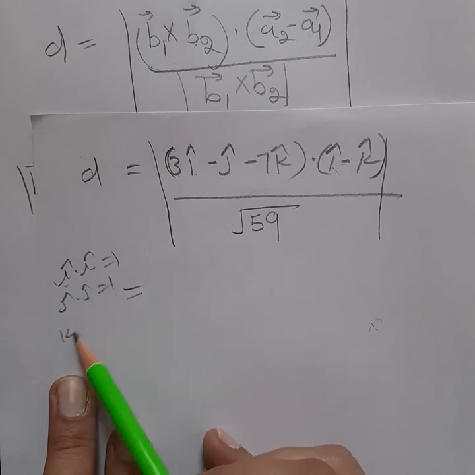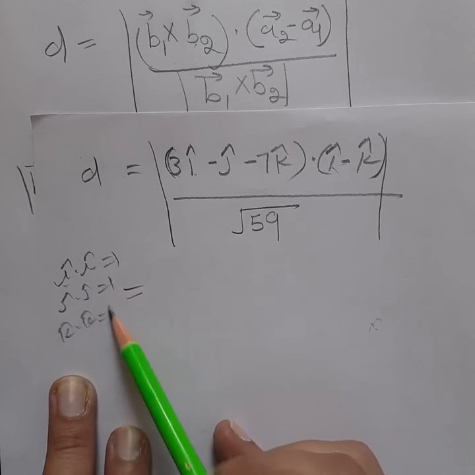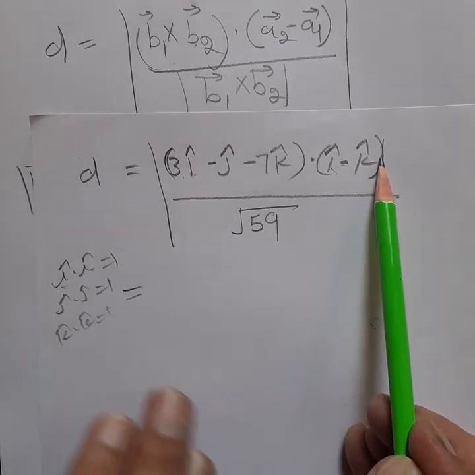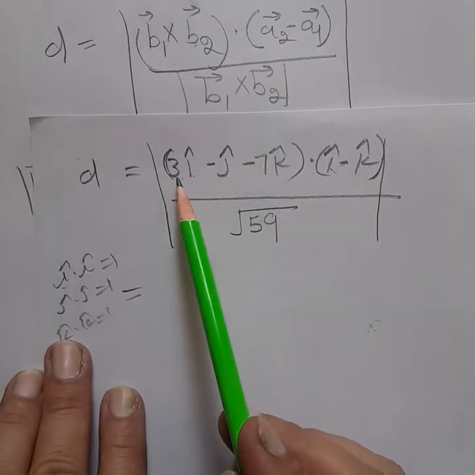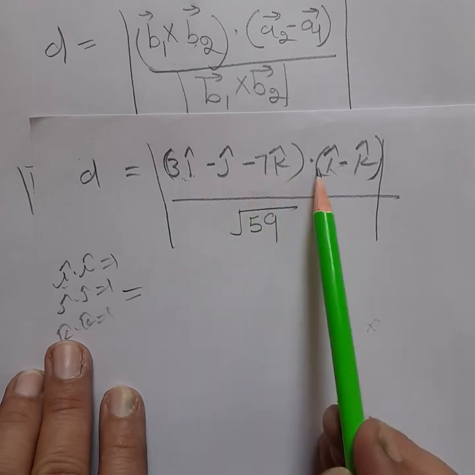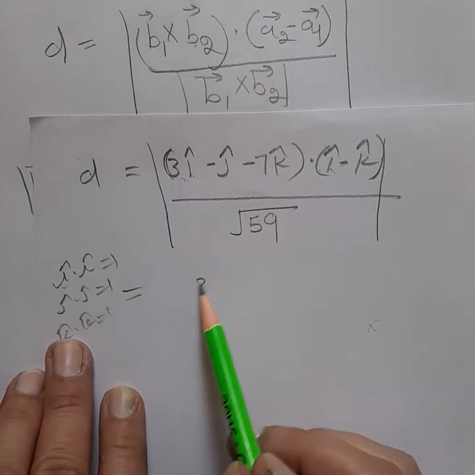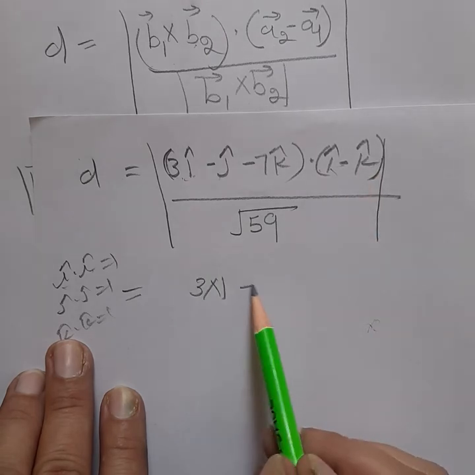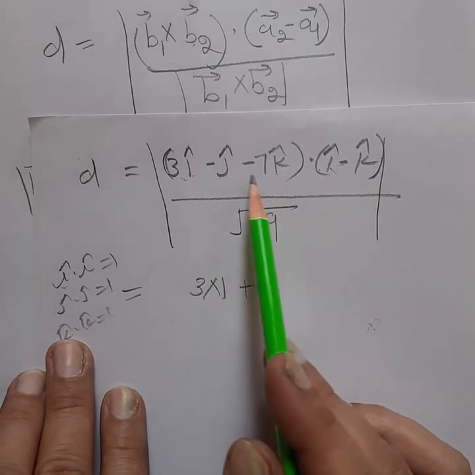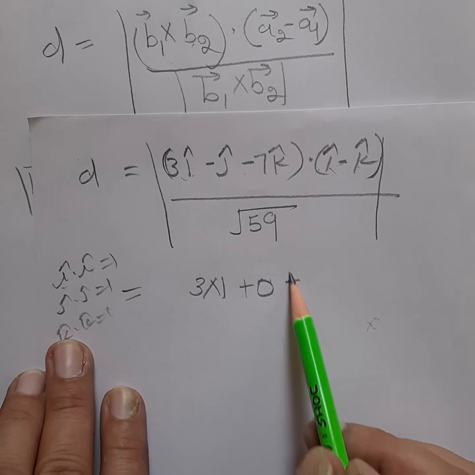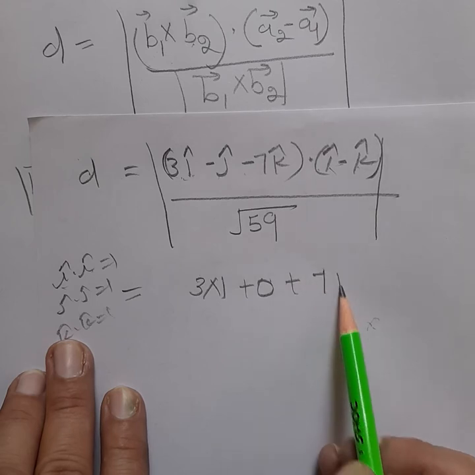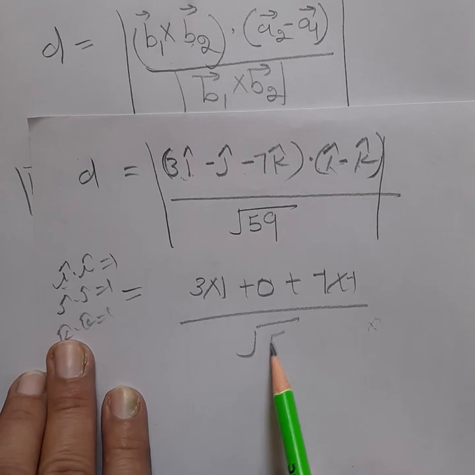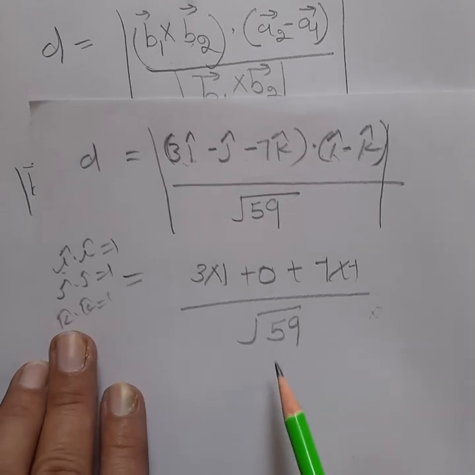In this way, k dot k is also 1, and if you multiply i with k, then it will become 0. Then we multiply the coefficient of i with i, 3 multiply 1, and we have no coefficient of j, then we get 0 here, and minus 7 and minus 1, you get only 7. Okay, and we get root 59.